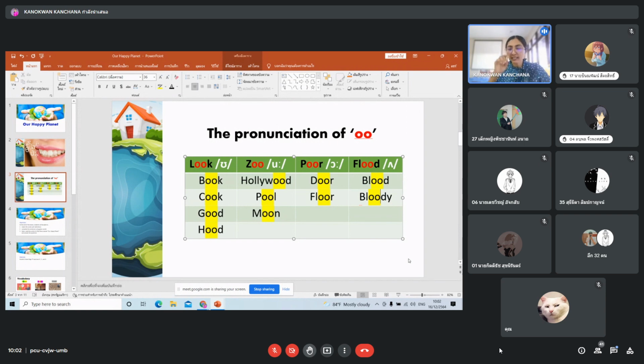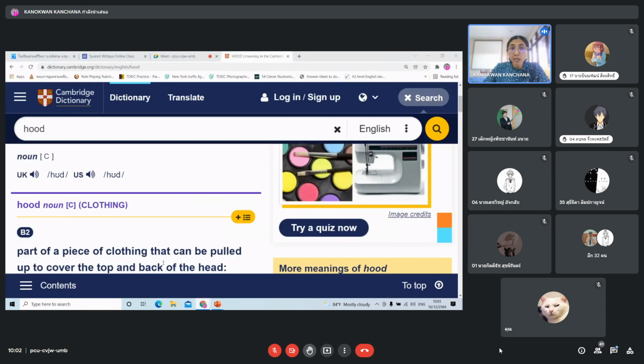So these are just the examples that I'm going to give you, and I remind you all that when you see the same letter or the same vowels in English, you may have to check the dictionary again, because the words may not be spelled and pronounced the same. Hood. Hood. Like this.